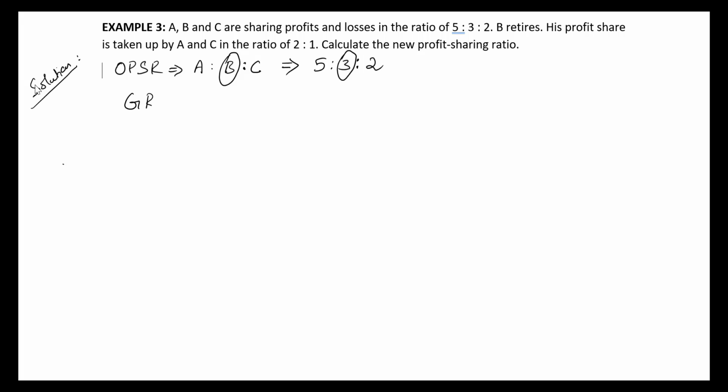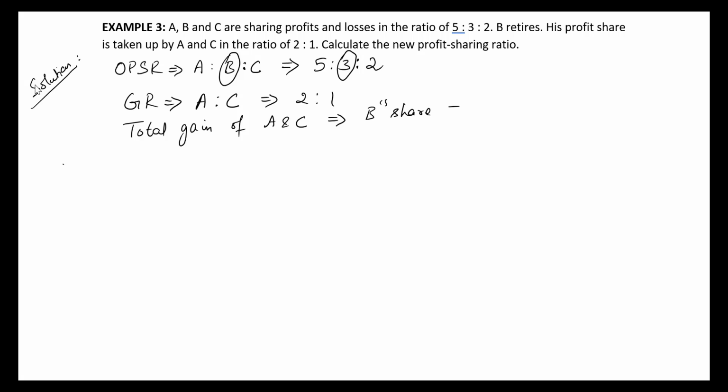Therefore, gaining ratio between A and C is equal to 2:1. Also, the total gain of A and C will be equal to the retiring partner's share, which is B's share, which is 3 divided by 10.